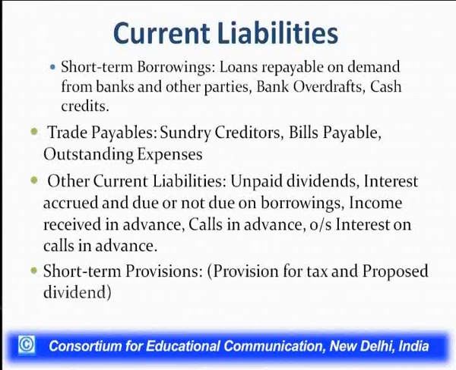Those items would be taken here, followed by your trade payables, like sundry creditors, bills payables, outstanding expenses. Sorry, we have to take short-term borrowings, not short-term investments, in the liabilities. Other current liabilities would be unpaid dividend, interest accrued and due but not being paid, income received in advance, calls in advance, and outstanding interest on calls in advance. So these are the items which would be taken under current liabilities.